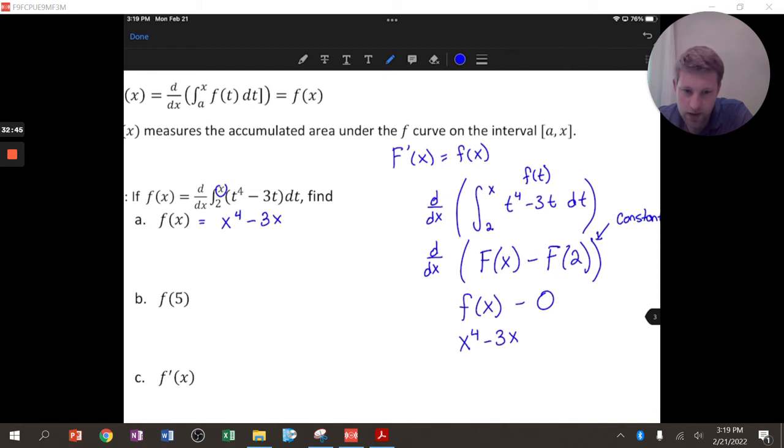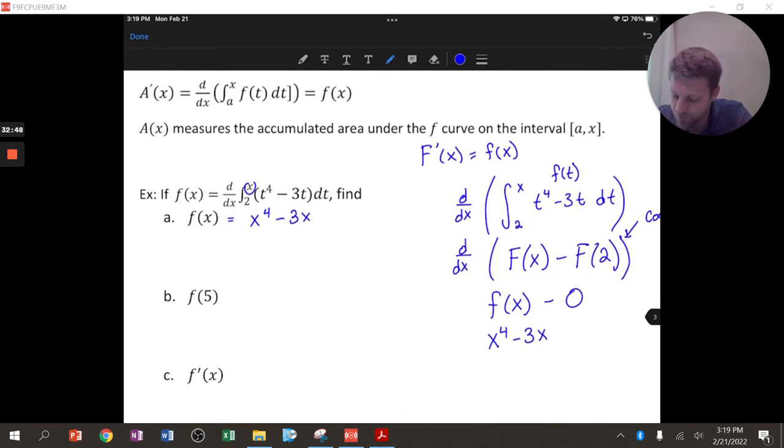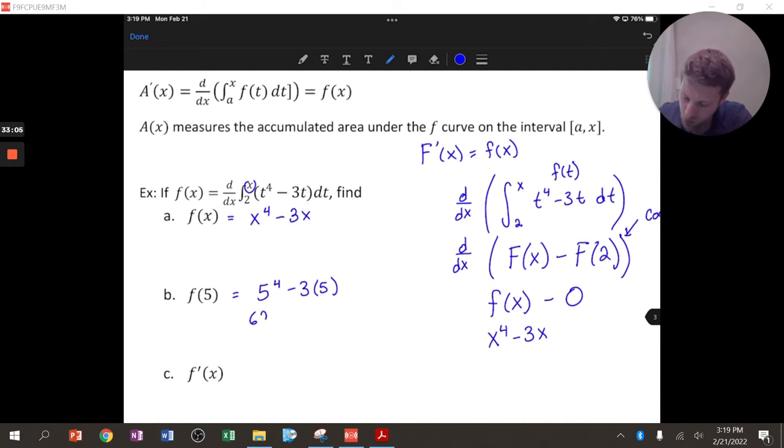Part B considers just f of 5. We can evaluate here 5 to the fourth minus 3 times 5. If we consider doing that, we'll have 625 minus 15 for that calculation for us.